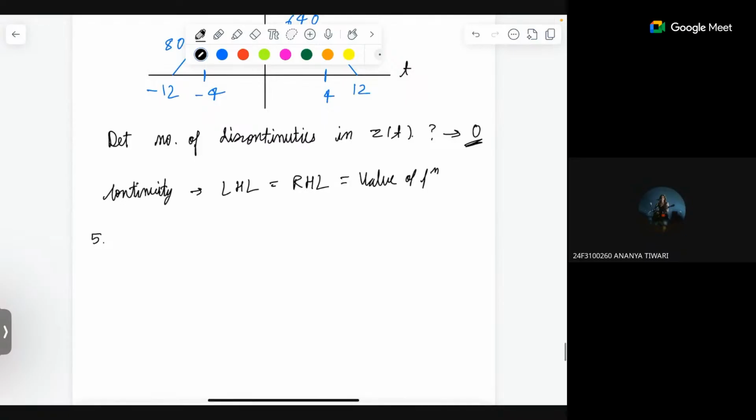Anyway, let's just start. For the fifth question, h of t is given to be e raised to the power of at u of t plus e raised to the power of bt u of minus t.